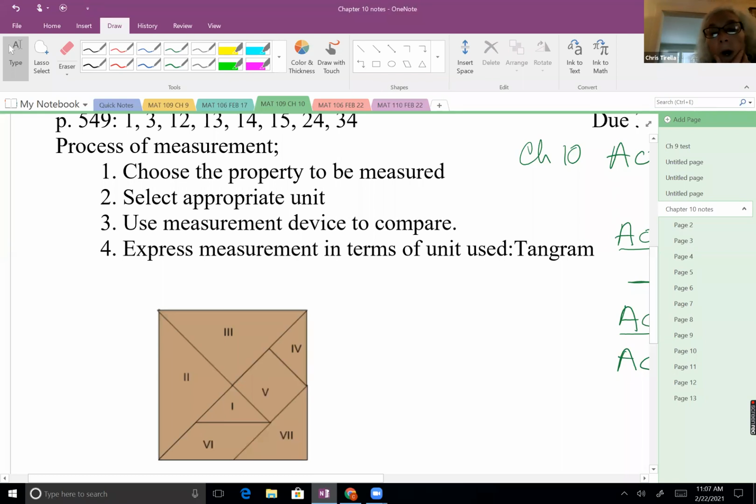Usually at this point in time, from an older version of the activity manual, I hand out an activity that's no longer in your manual, and I hand out a class set of tangrams.